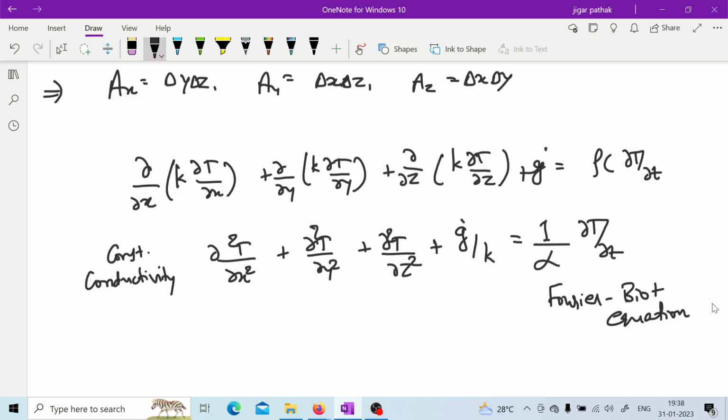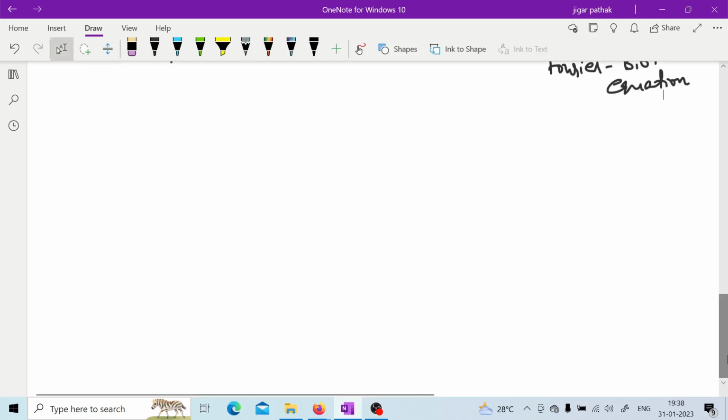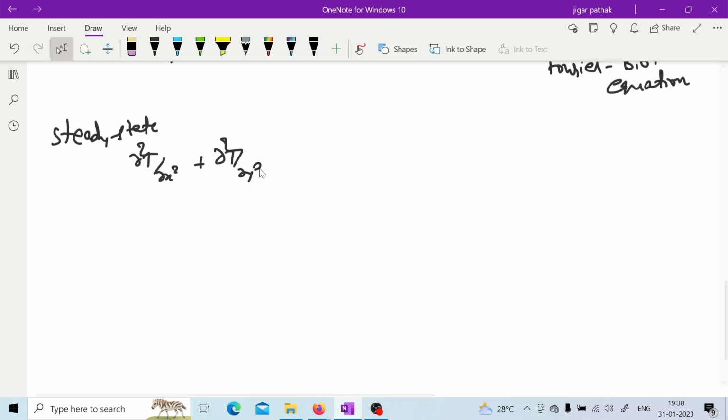Now here also you can go on providing those situations which we considered for 1D heat conduction. You can check how it is going to vary if you consider steady state. In case of steady state, it will be like this. So this is known as Poisson's equation.